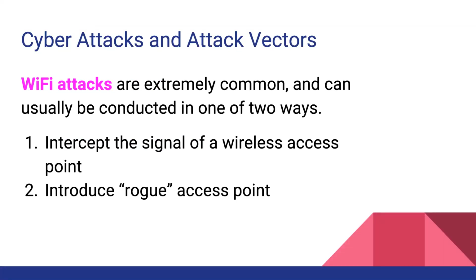Wi-Fi attacks are extremely common, right? You intercept the signal of a wireless access point and introduce a rogue access point. A quick example: let's say there's a coffee shop named Starbucks, and they always use the name Starbucks Coffee Shop, right?